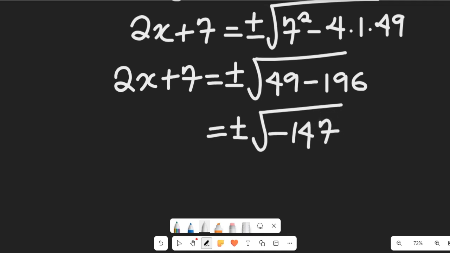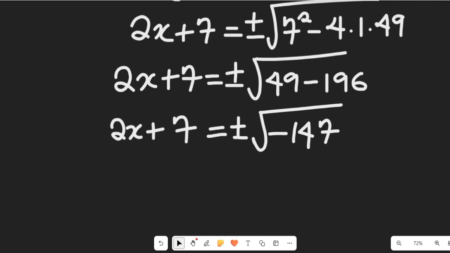Good. That gives a negative 147, because 196 minus 49 is 147. So we'll be left with 2x plus 7.